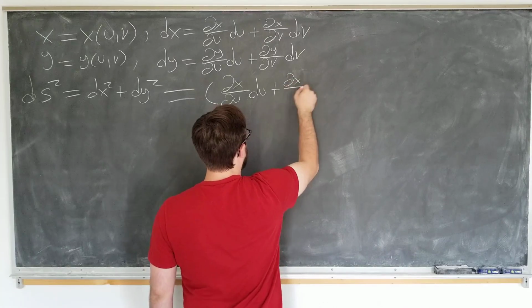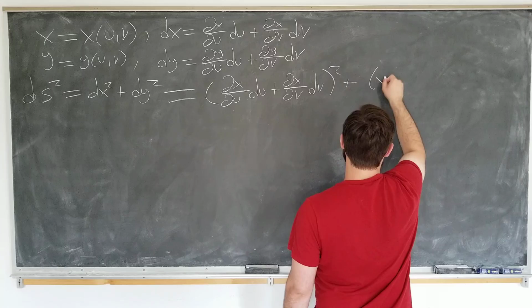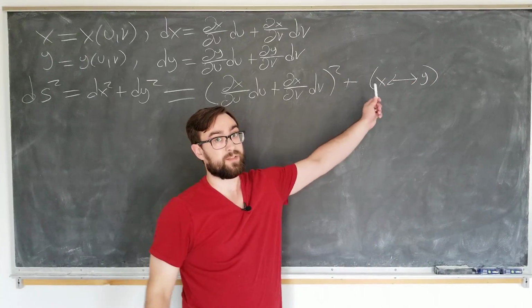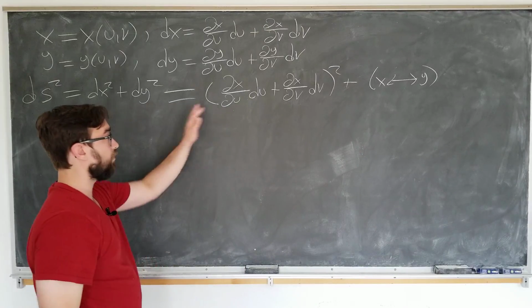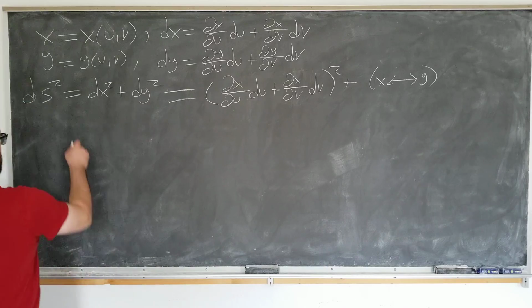Plus dx by dv squared plus the same thing with x replaced with y. I'm just using this notation to save writing. There's no need to write this out. It's exactly the same. Yep, good so far.